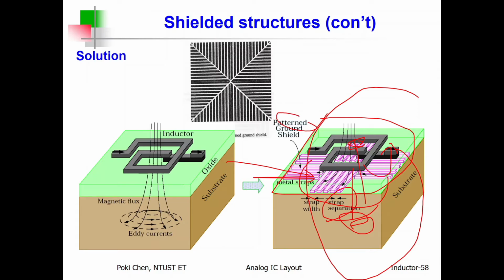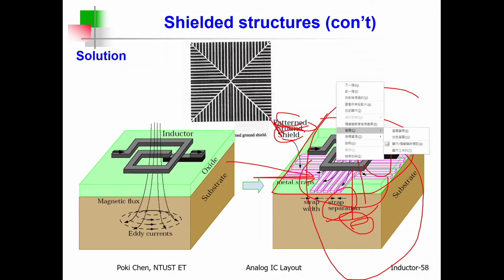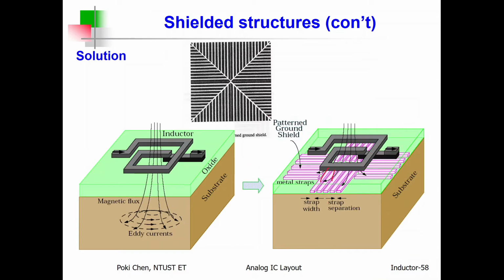You need to have some kind of fixed pattern for such kind of ground shield. So we call it patterned ground shield, PGS. First of all, the metal for shielding needs to be perpendicular to the wire of your inductor. Okay, they need to be orthogonal to each other.